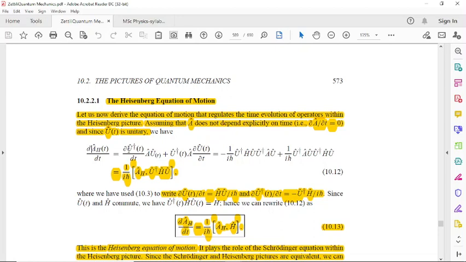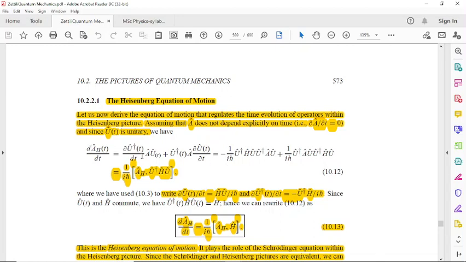Actually this is the form of differentiation, in which we write U dagger A U of t. We take the first function as U dagger, then the second function as A U of t. We differentiate it, then we will get this expression.